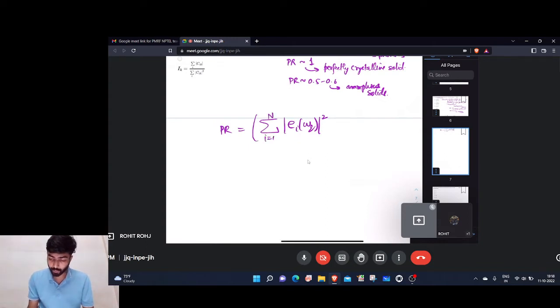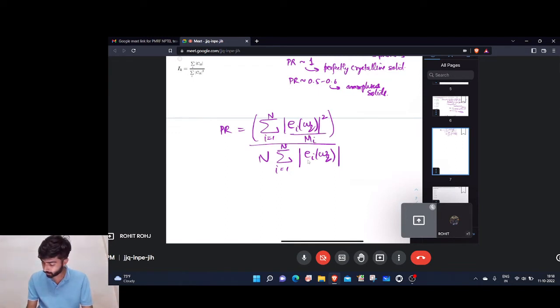I goes from 1 to N, where N is the total number of atoms in the cell, divided by the denominator, there is a term m of I, which is the mass of the ith atom. I'll define it in a bit, divided by m of I square.